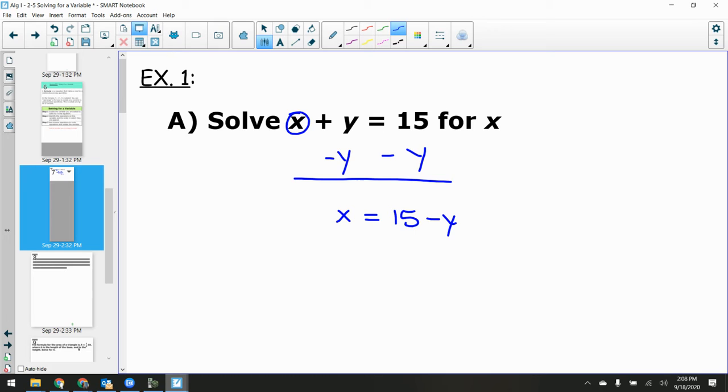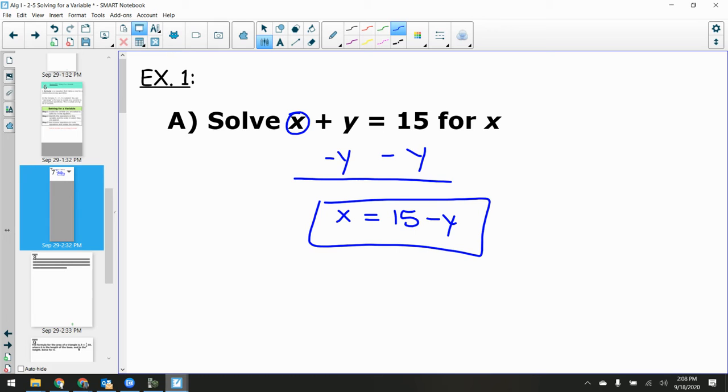You're not actually getting x equals or y equals a number, not for these ones. So how do you know when you're done? Before, when it was x equals 5, you were done, right? How do you know when you're done then? Well, the variable that you're solving for, the one that you circled at the beginning, should be completely alone. Once it is, now you're done, as long as the other side is fully simplified. And x is equal to 15 minus y.